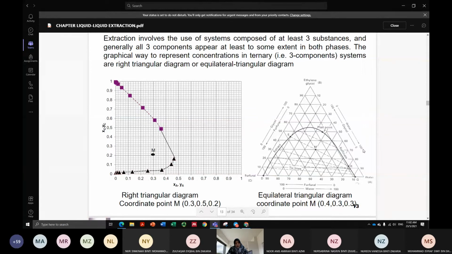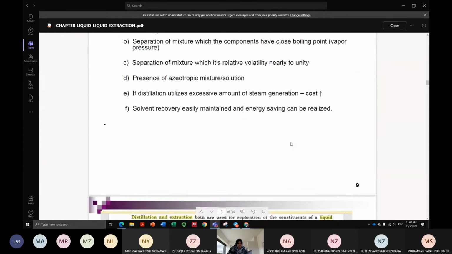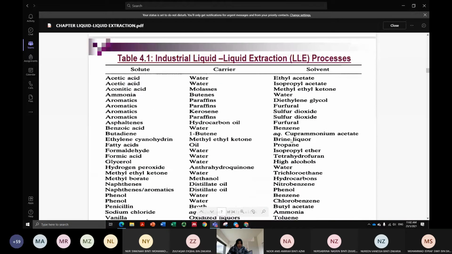For example, I've given you in the last class, we have an example here, you need to separate your solute based on the solvent that you use, and the feed is actually a solution that consists of your solute and your carrier.